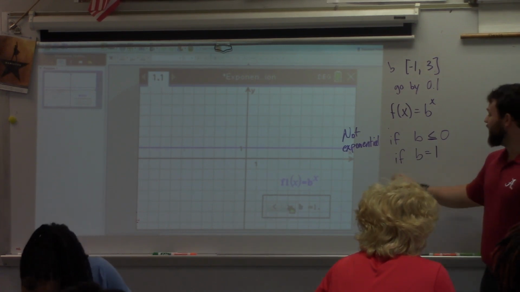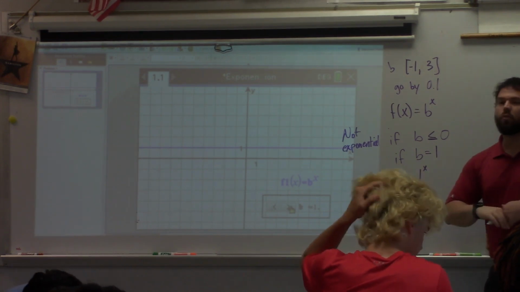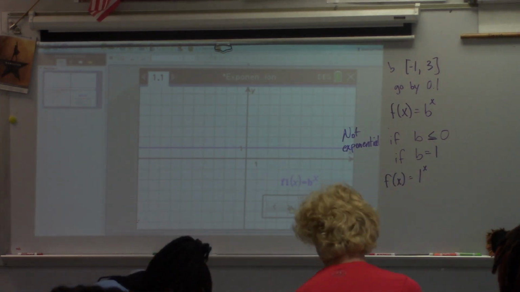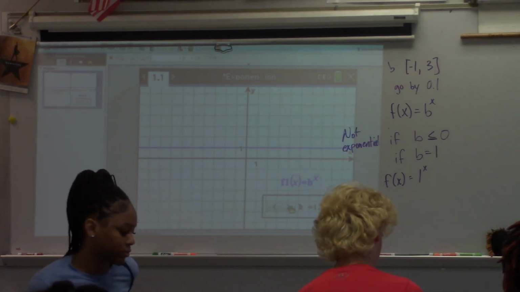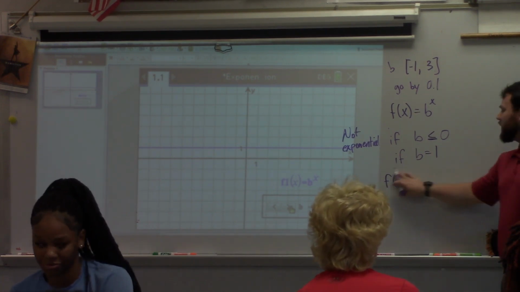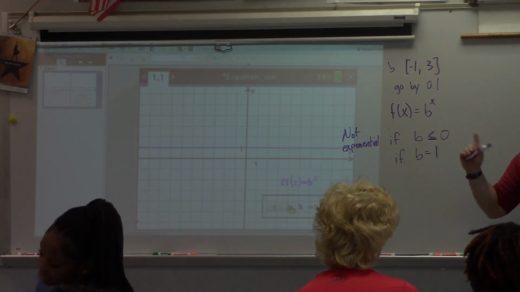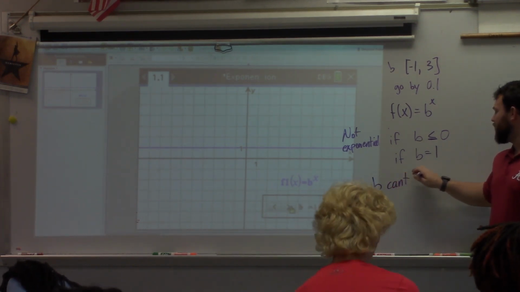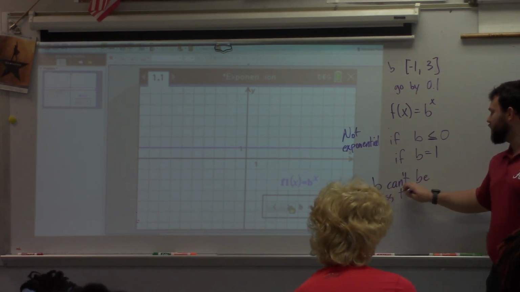And that should make sense. If I have f of x equals 1 to the x, what is 1 raised to any power? It's 1, right? 1 to the second is 1. 1 to the third is 1. 1 to the fifth is 1. So a b of 1 is not exponential. A b of 0 or less than or equal to 0. So guess what? For an exponential function, b can't be less than or equal to 0.